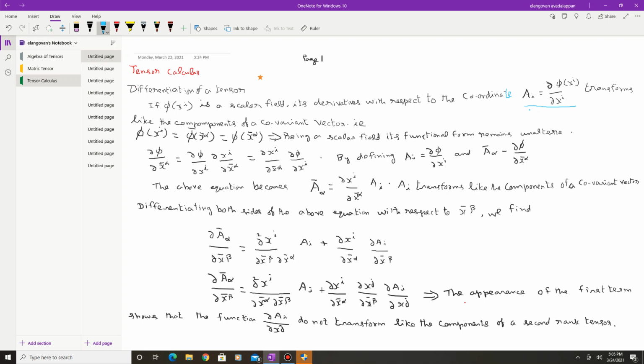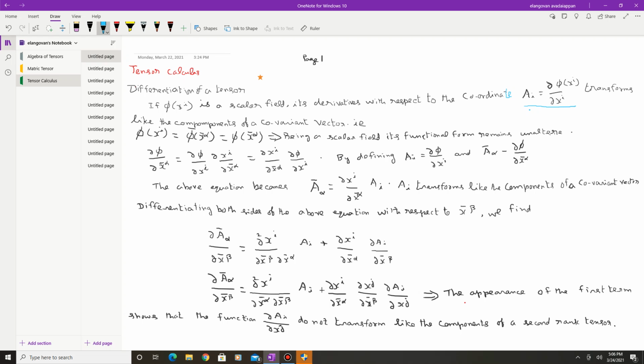We differentiate the scalar field phi with respect to xi, d phi by dxi, and we call this a suffix I. Now this transforms like the components of the covariant tensor. So if we differentiate this function, that value a suffix I is equal to partial d phi by dxi, this transforms like the components of a covariant vector.